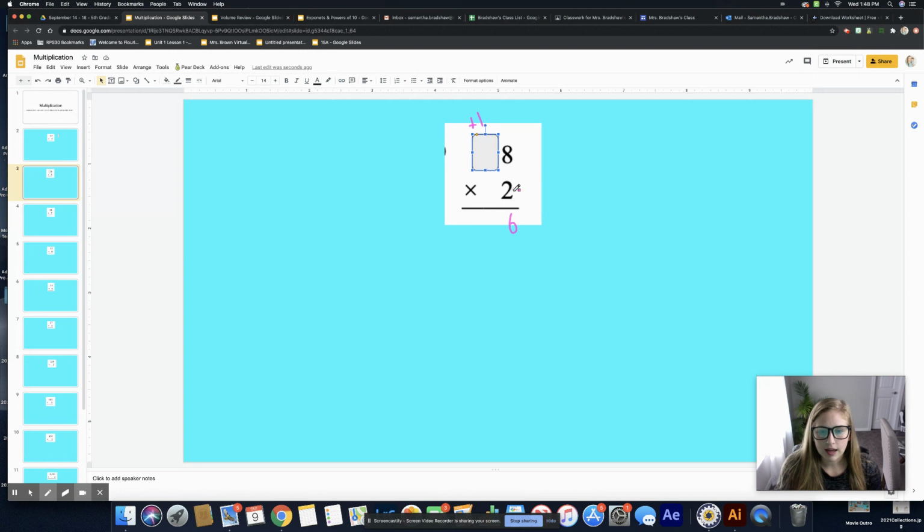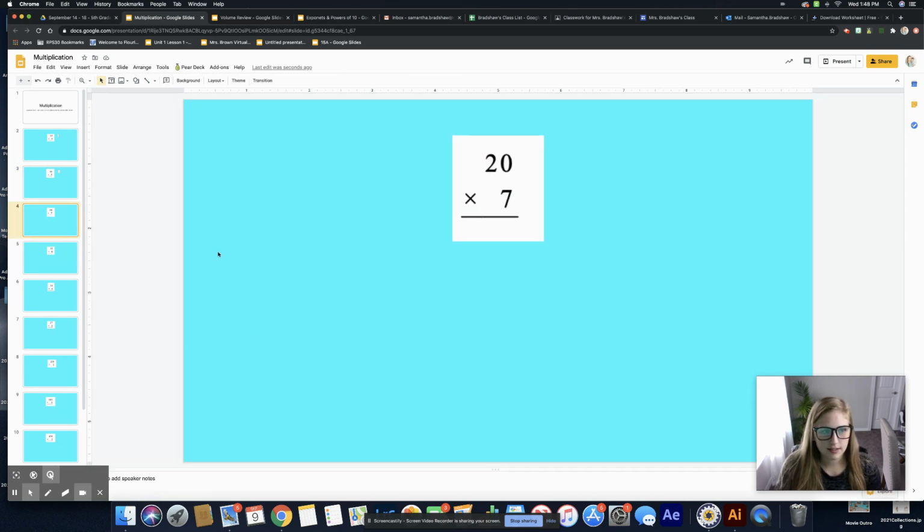So then I have to figure out 2 times what? So I'm going to move this over, and I'm doing 2 times 1. 2 times 1 is 2, plus the 1 I carried is 3. So I know that 18 times 2 is 36.